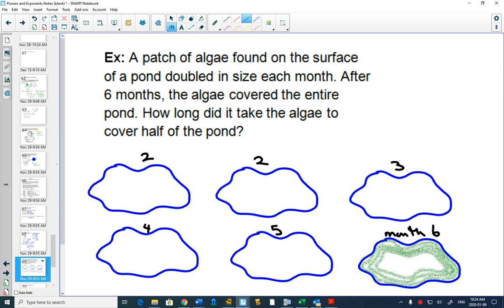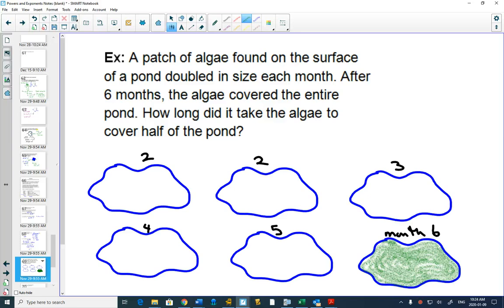There it is, the algae is covering the whole thing. This is the perfect use of crayons. Month 6, it's completely covered in algae.